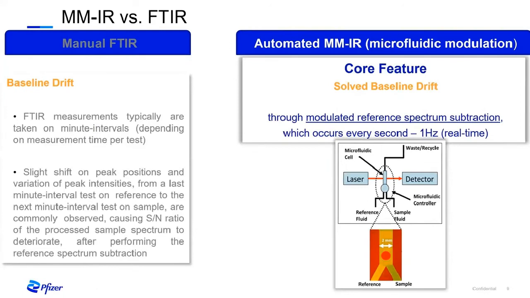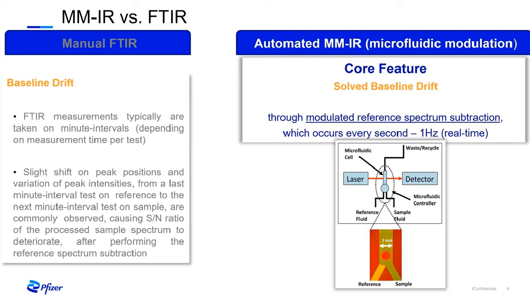On the other hand, on FTIR, the measurements are typically taken at 1 minute intervals. So slight shift in peak position and variation of peak intensity from the last minute interval test on reference to the next minute interval test on sample are commonly observed.